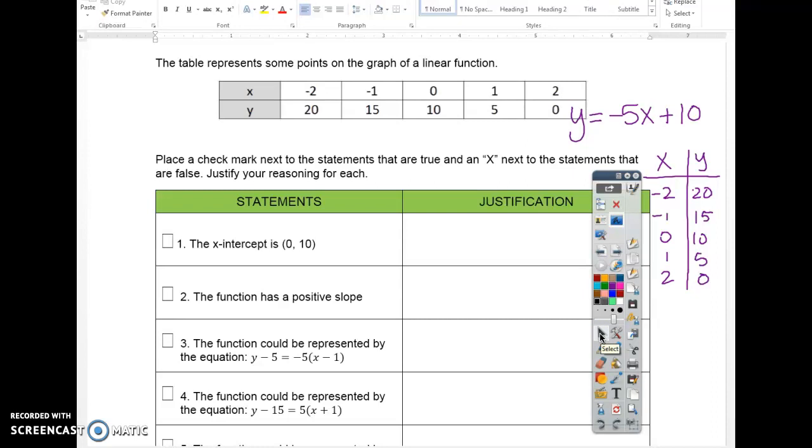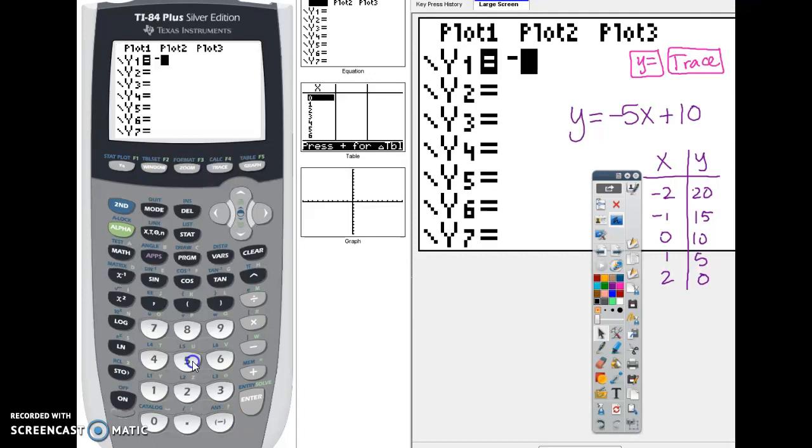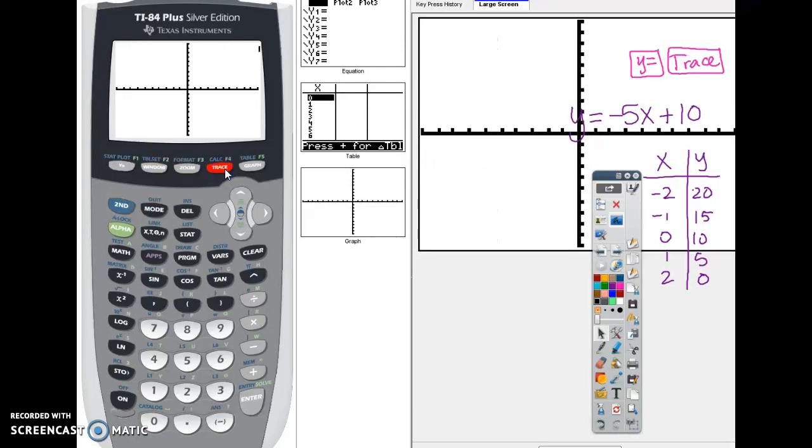Let's put this in the calculator and go to trace. So y equals -5x plus 10, trace.